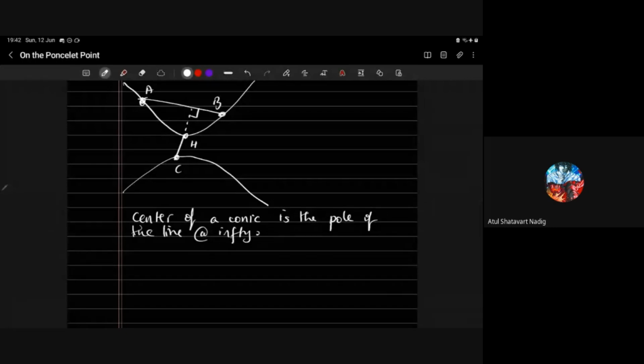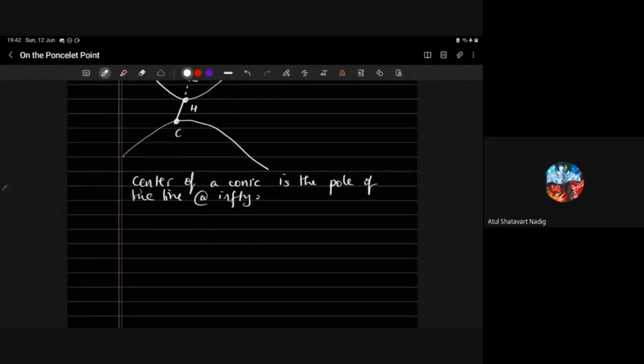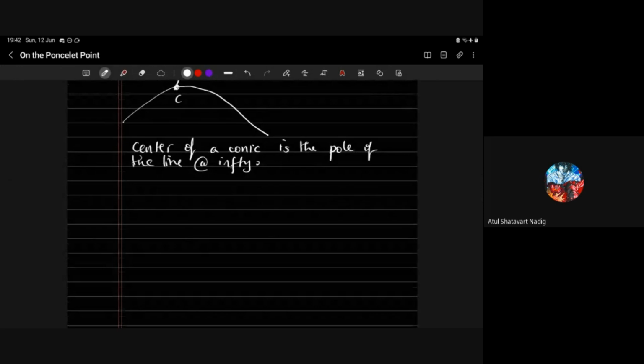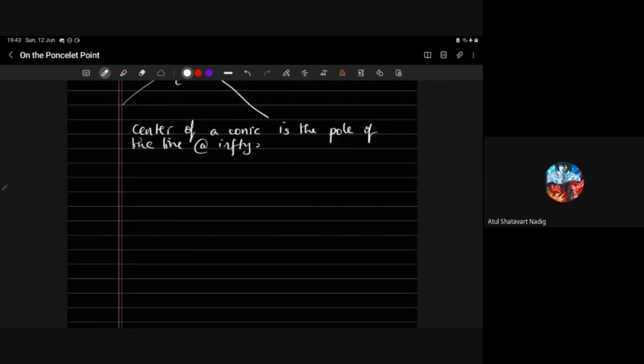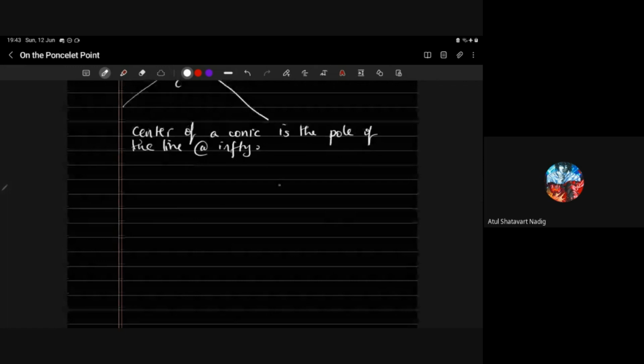You can use a projective transformation to prove it, or rather, an affine transformation. I'm not proving this. Think about it. Basically, for a circle, the pole of the line at infinity is the center. Now we'll look at a nice result.